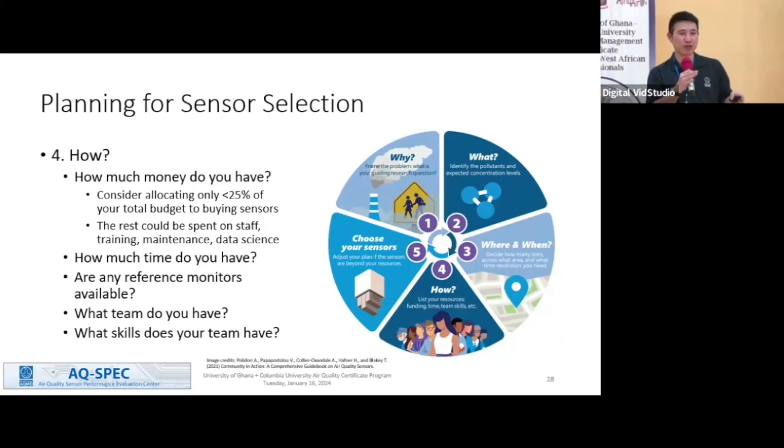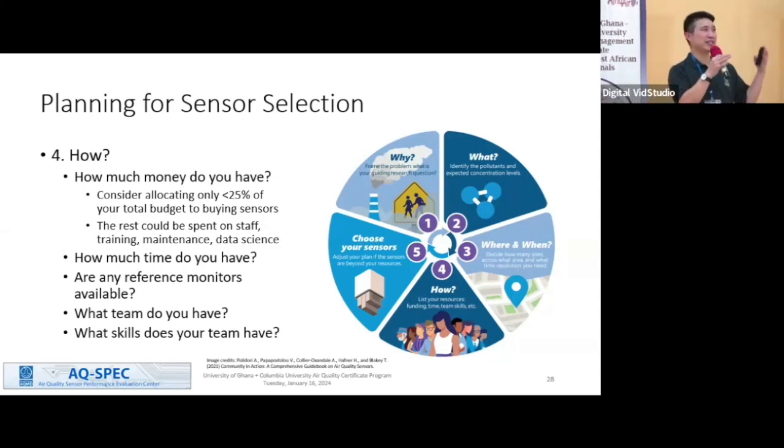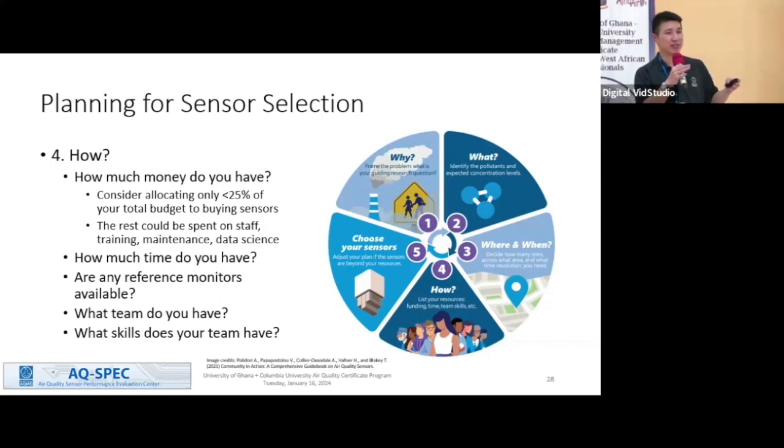The vast majority of your funding you should probably dedicate towards the soft side of the project, the stuff that we don't think about typically, which is training staff, maintenance of the sensors, spending some money on getting training on data science or perhaps data scientists. So just make sure you don't think it's all about spending money on sensors. Another aspect is time.